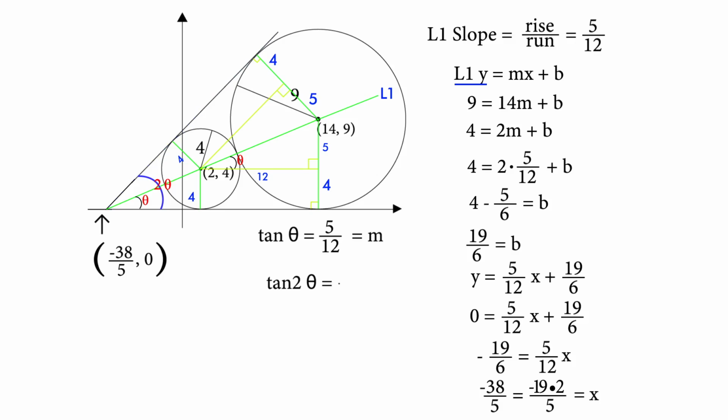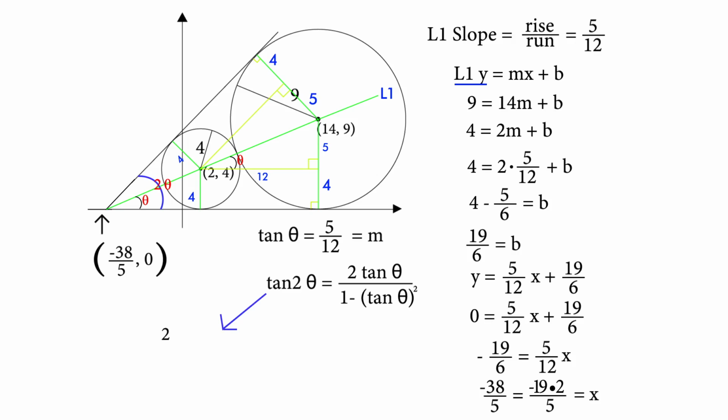So the tan of 2 theta I need to calculate without the use of a calculator, because calculators are not allowed on the US math contests. So I have to use my 2 tan theta over 1 minus tan theta squared style of calculation. This is the equation for tan 2 theta.